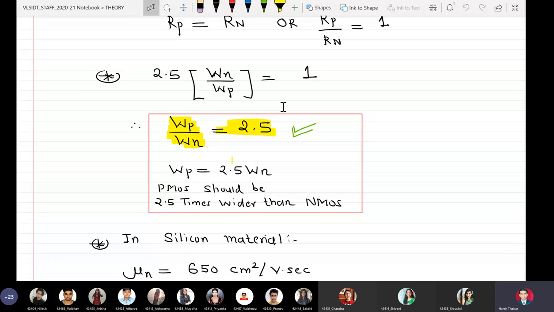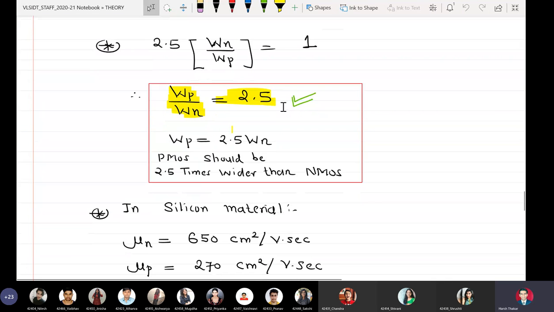And we also made a point that the length of both PMOS and NMOS is equal to the target technology given in the numerical, which can be 90 nanometer, 100 nanometer, 120 nanometer, 180 nanometers, anything. So whatever is the technology given in the numerical, our LP is equal to Ln equal to L.